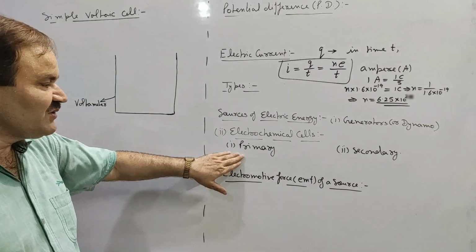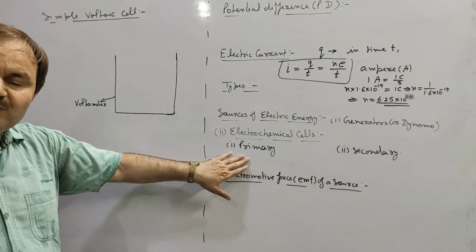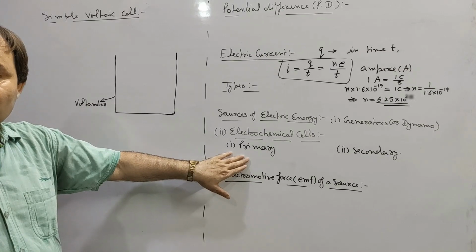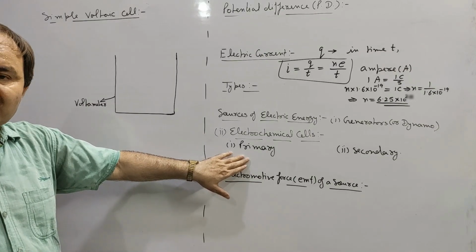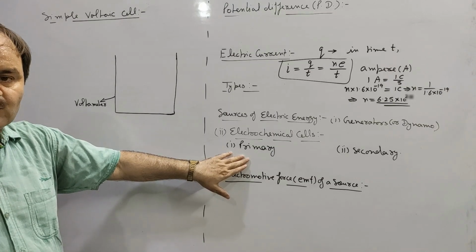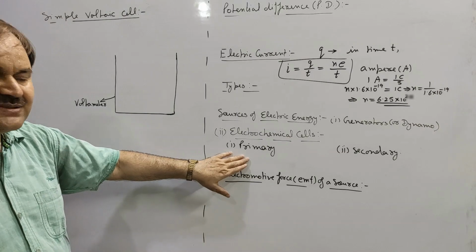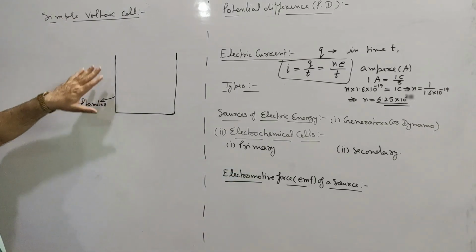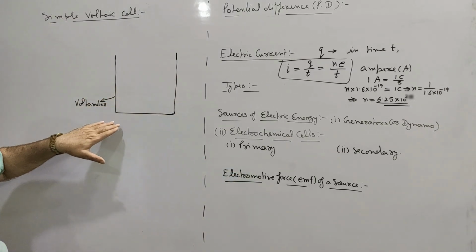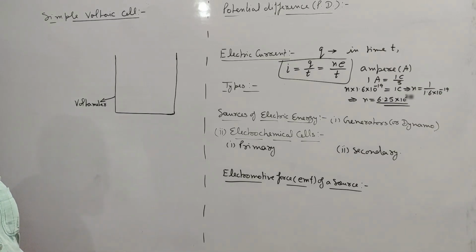But now we are going to learn about the working of the simplest type of primary cell so that we may understand the mechanism of current flow, how a cell provides current to an external circuit. Say this is a vessel used for making the cell.